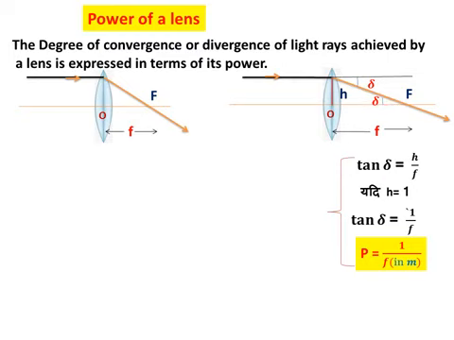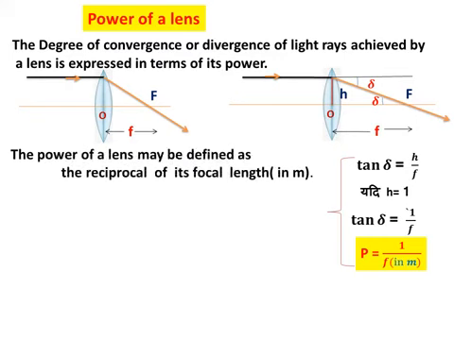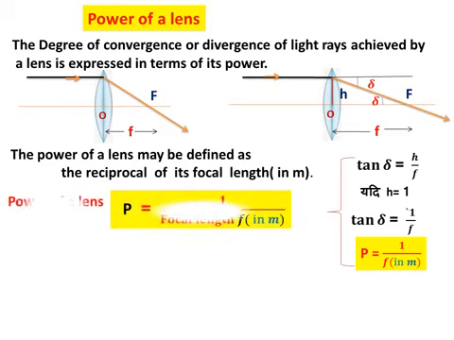So what we have learned, the power of a lens may be defined as the reciprocal of its focal length in meter, and we can say P is equal to 1 upon f, where f is in meter.